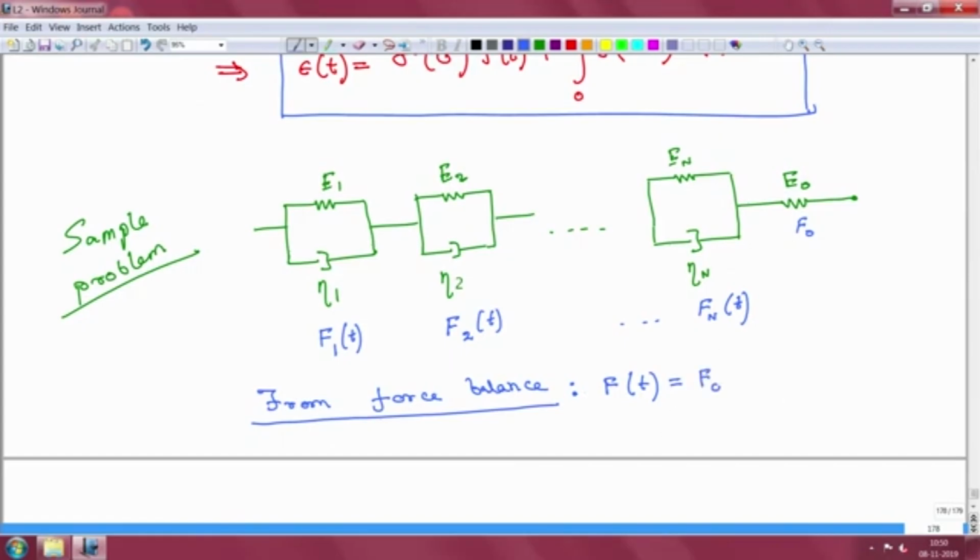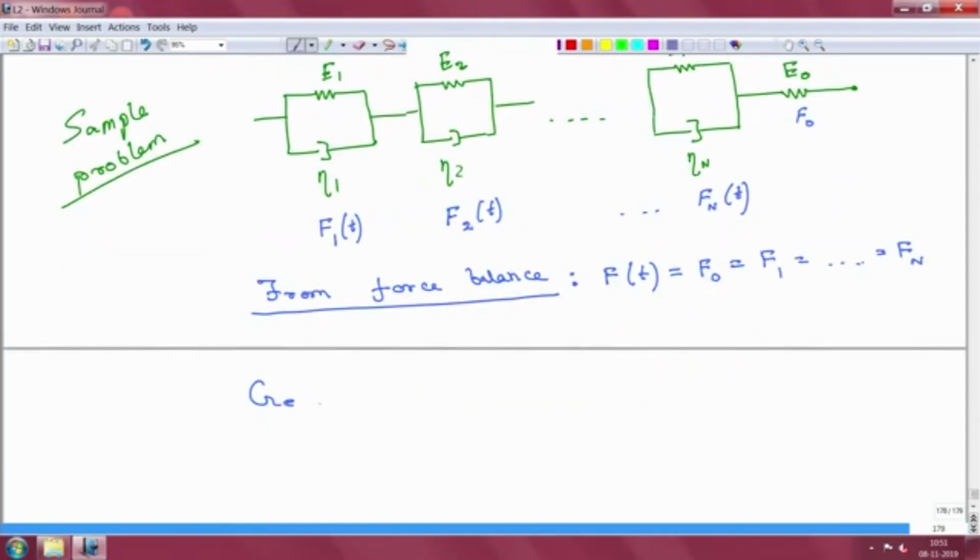So, this is just F naught, sorry, these are all equal, and all the way. And what is now going to be the geometric constraint on this system? The geometric constraint will be such that all of these will be experiencing different deformations.